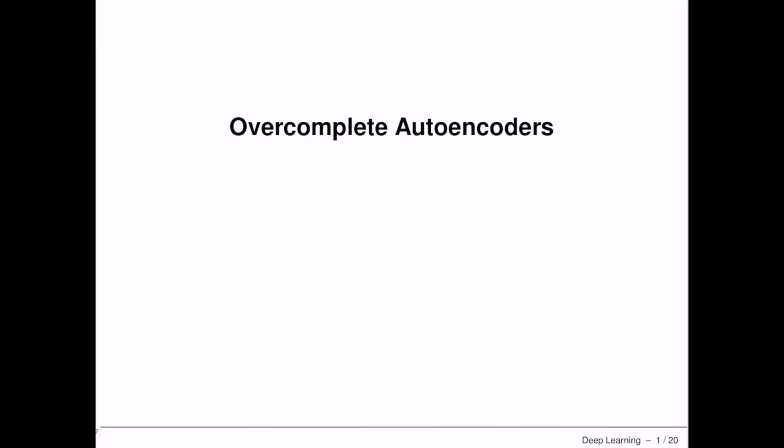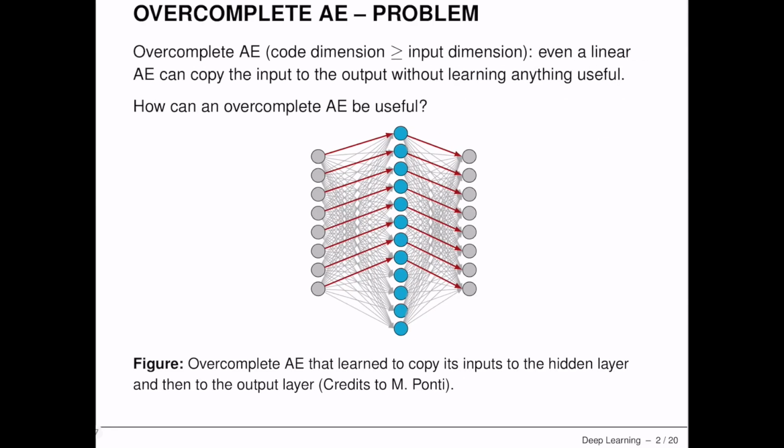So far we have talked about autoencoders with fewer hidden neurons than visible neurons. These were called undercomplete. Now we talk about overcomplete autoencoders. These are autoencoders with more or equal hidden neurons than input neurons.